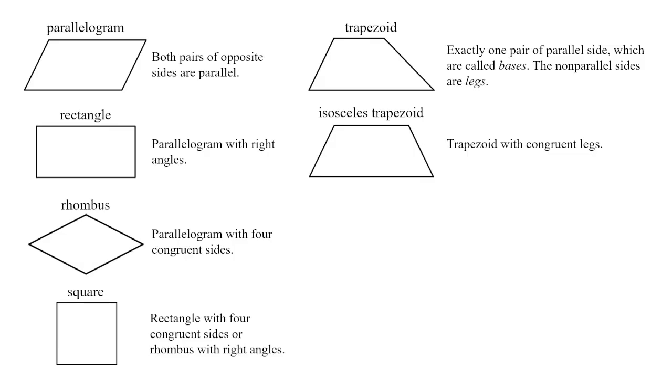And the same thing with the isosceles trapezoid. 2 of its sides are congruent. And then we have the kite. We have 2 distinct pairs of consecutive congruent sides. So these are the most common types of quadrilaterals.